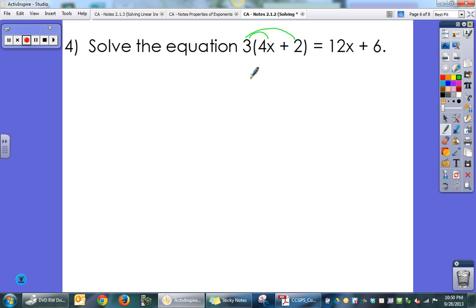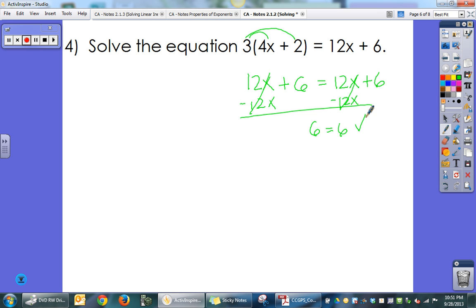Again, we're distributing. I've got 12x plus 6 equals 12x plus 6. And if you stop at this point, you can see that the left-hand side is equal to the right-hand side. If you didn't catch it and you went ahead and did this, you would end up with the statement 6 equals 6, and that's true.